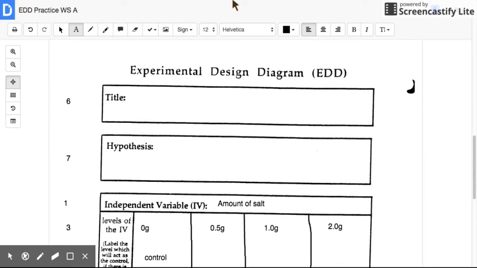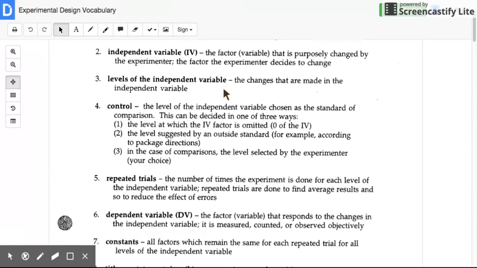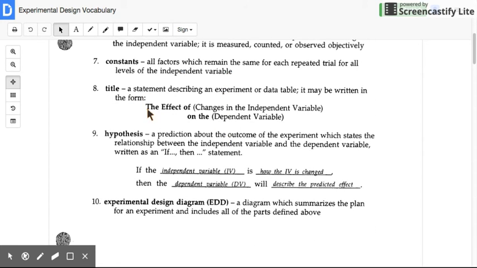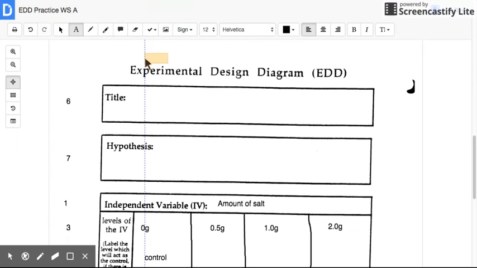And when we go back to our definitions, there is a template for how to do the title. It's always going to be the effect of, and then you put in the changes in the independent variable on the, and then you plug in the dependent variable. This is the reason why we did the IV and the DV first, so that we could do that.